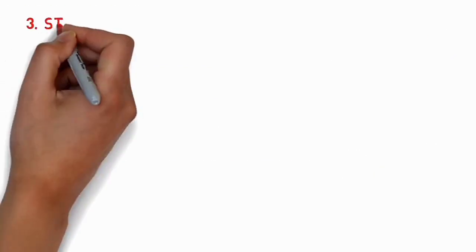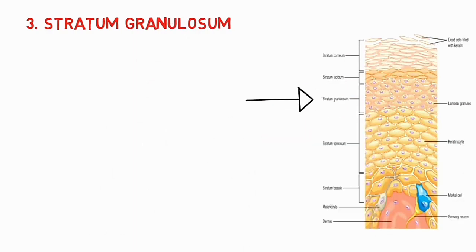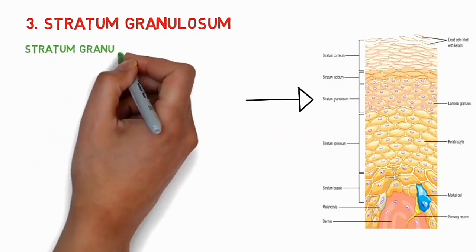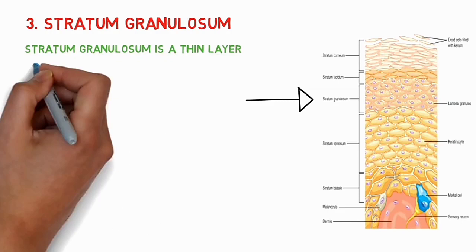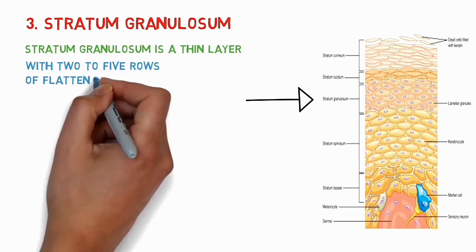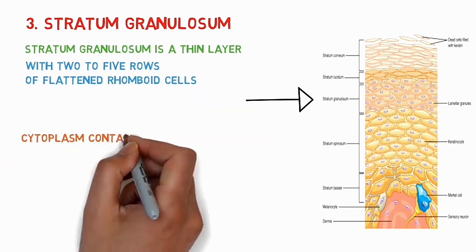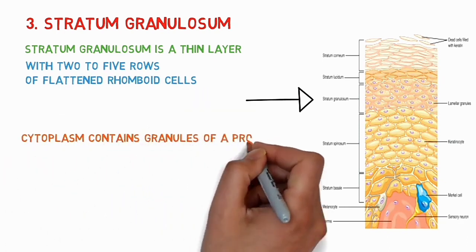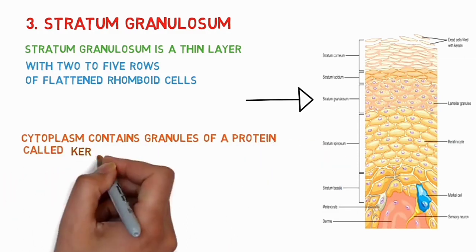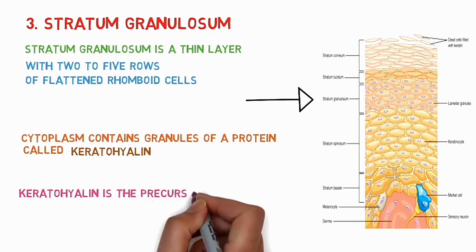Now, third, stratum granulosum. Stratum granulosum is a thin layer with 2 to 5 rows of flattened rhomboid cells. Cytoplasms contain granules of a protein called keratohyalin. Keratohyalin is the precursor of keratin.